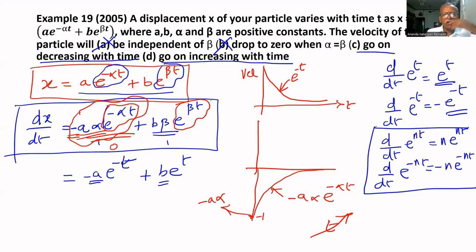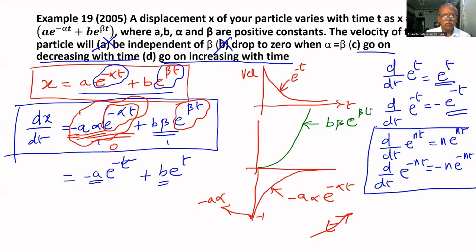Now, what is the graph for the second term? Let us assume b and beta equal to 1. The graph for this is exponentially increasing. This is the graph for b beta e power beta t, which goes on increasing.